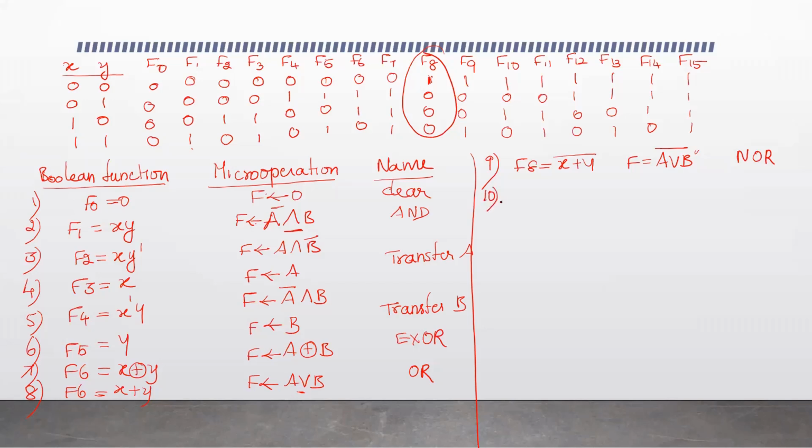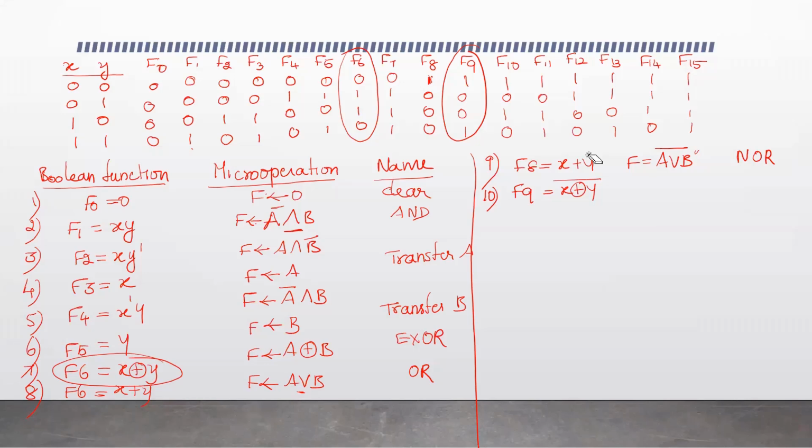And the next operation, let's take F9. F9 is 1 0 0 1. If you see F6, we said that it is exclusive OR, and this is the negation of that, correct? Complement of this result. So this must be X exclusive OR Y complement.